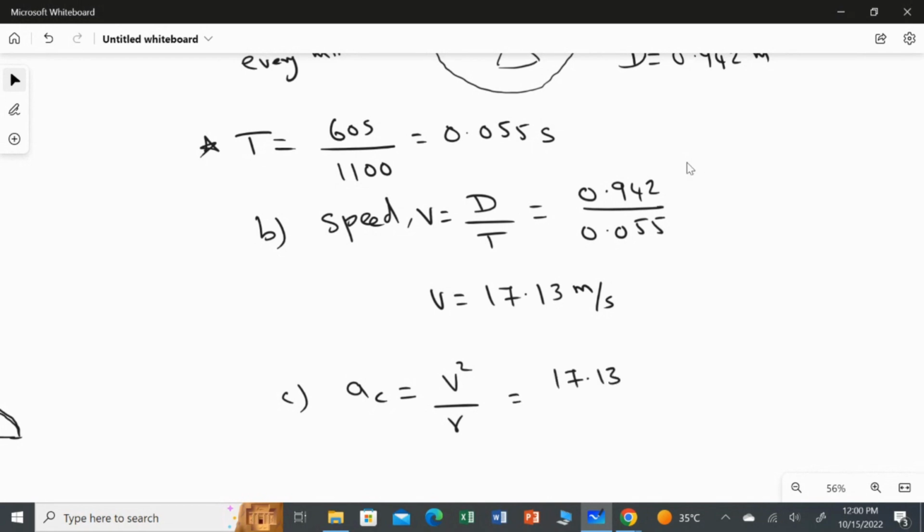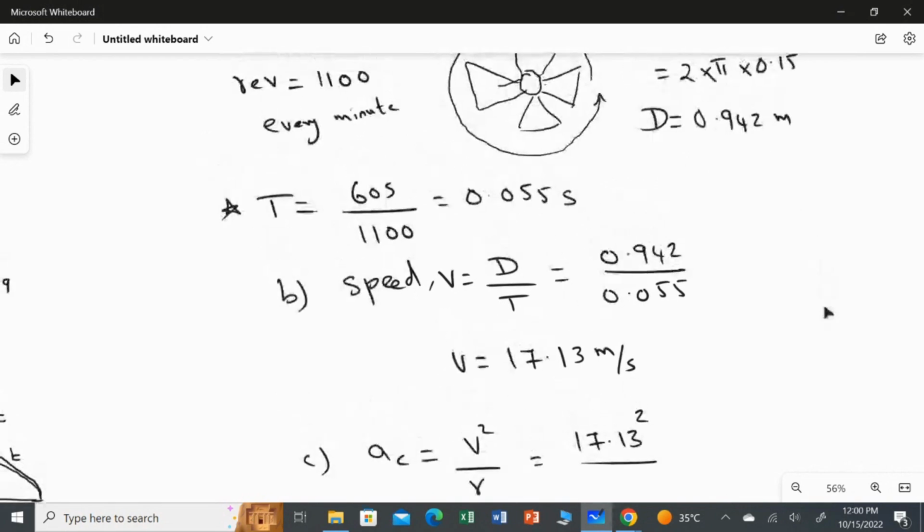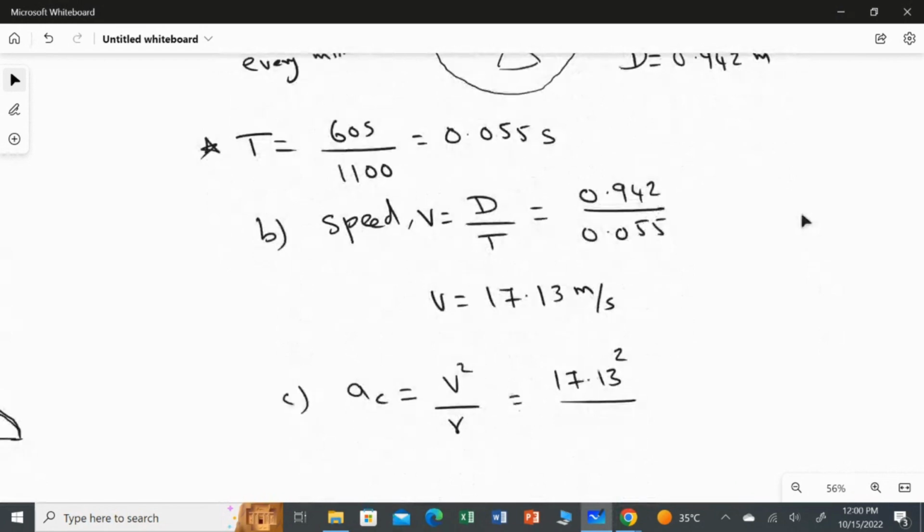So 17.13 square over, what is the radius of the fan blade? It is exactly 0.15. 17.13 square over 0.15 gives the value of 1956.2.